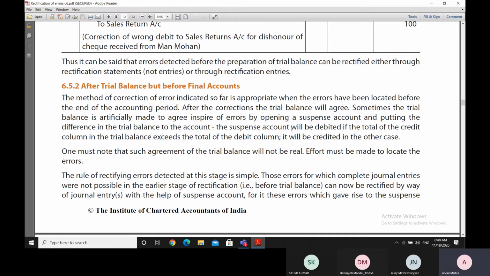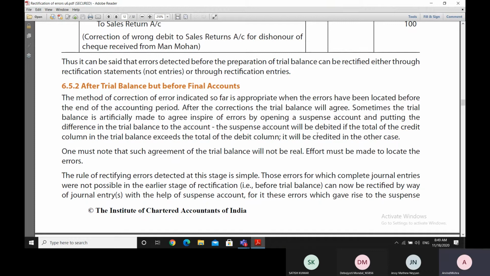For example, the suspense account will be debited if the total of the credit column in the trial balance exceeds the total of the debit column. Since credit is exceeding the debit, we need to introduce a debit of the difference. So we put that debit in the suspense account, and in case the credit column is less than the debit column, then we credit the suspense account.